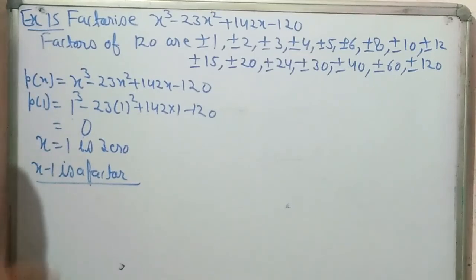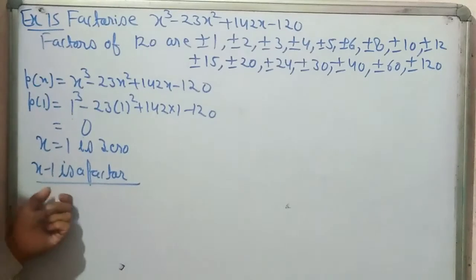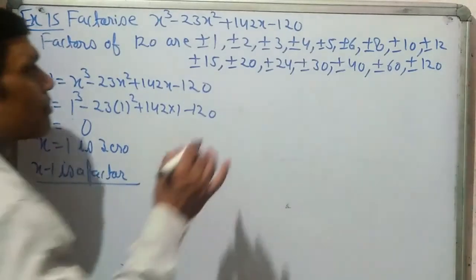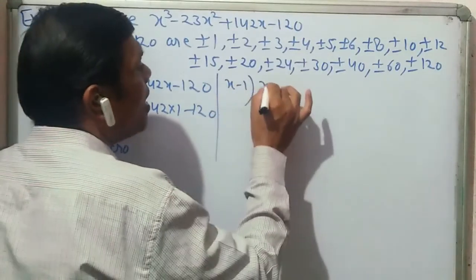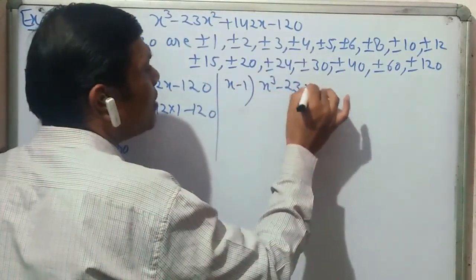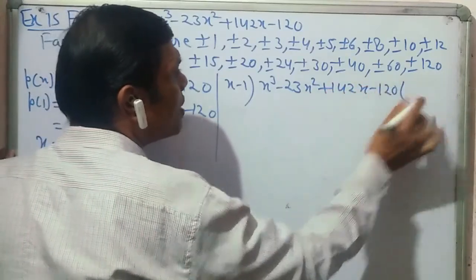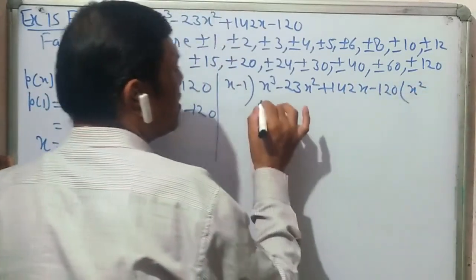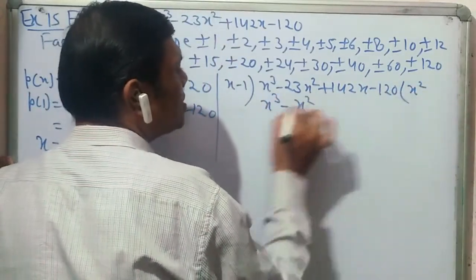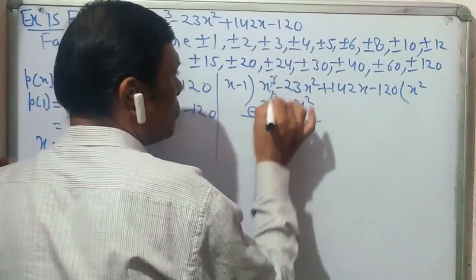Got it? So what we are going to do, we are going to divide the polynomial x cube minus 23x square plus 142x minus 120 with x minus 1. Let us divide it a little fast. X square will give us x cube minus x square. Change the sign. Cancels.